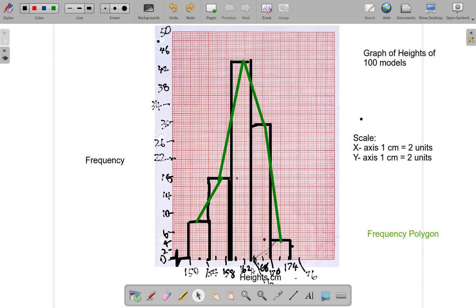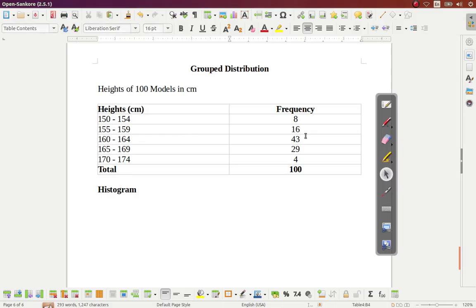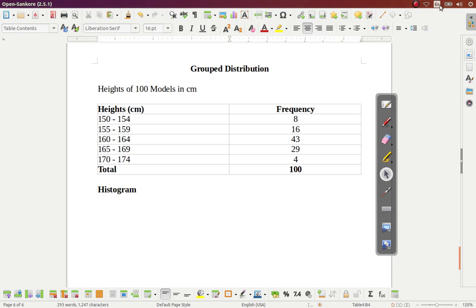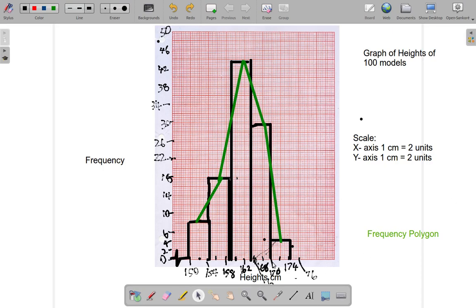The third bar ends at 164. Right. Then 165 to 169, close to 170. And then 170 to 174. Alright, good. Just corrected that. Now, you should have the bars of equal width, and be careful that you draw the bars over the number that you should really draw them.